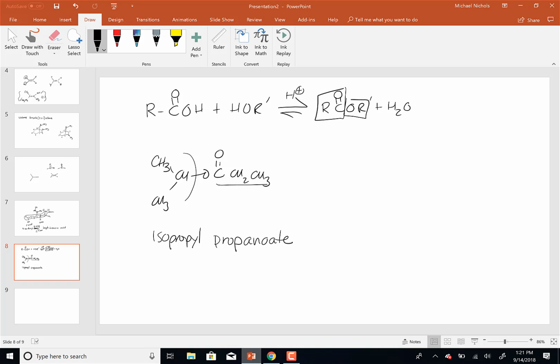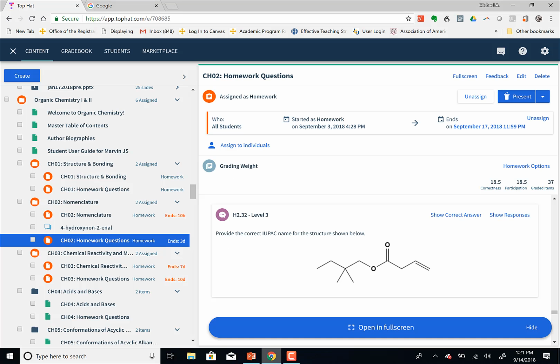So if we're going to go to that molecule, which, let's see, I should remember exactly how to do this.